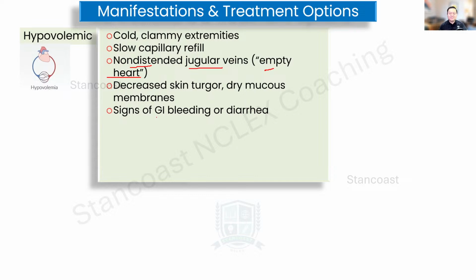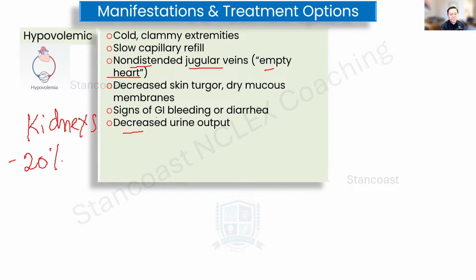If they have massive bleeding in their GI tract, or diarrhea, they can end up rapidly in shock. Decreased urine output. What is this? Remember that the kidneys require how much? It requires 20% of the total cardiac output.